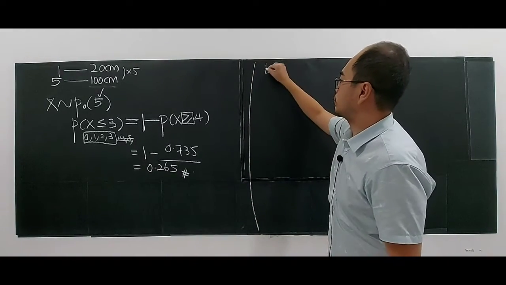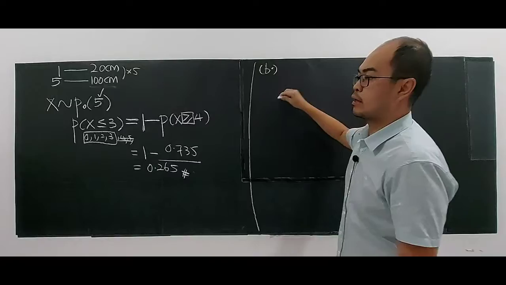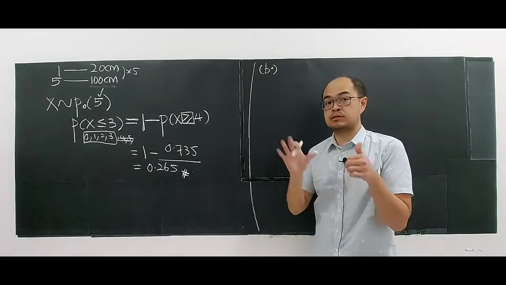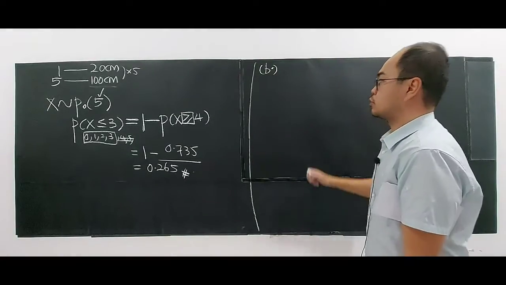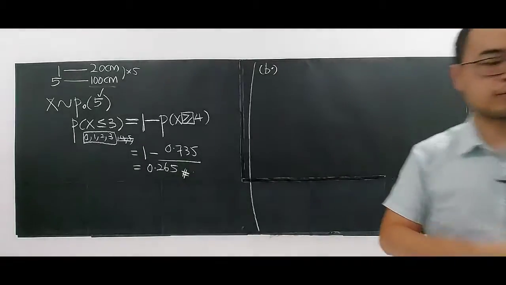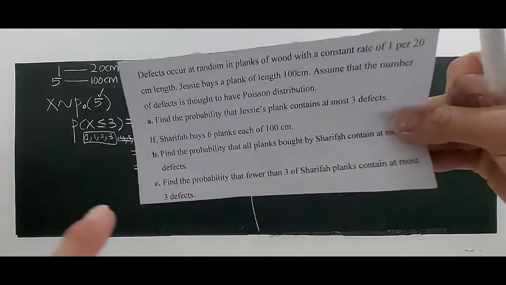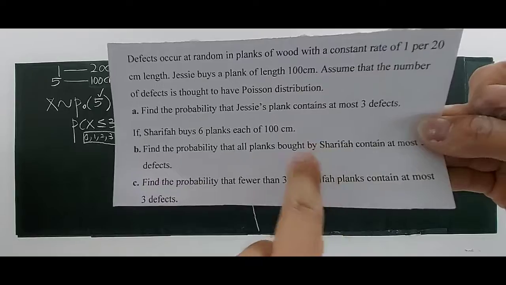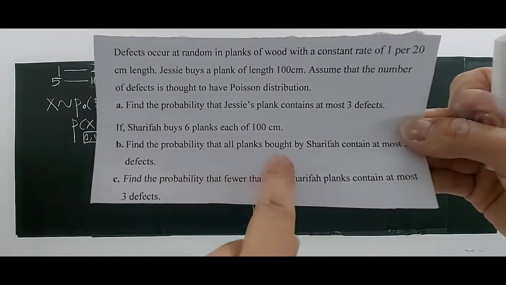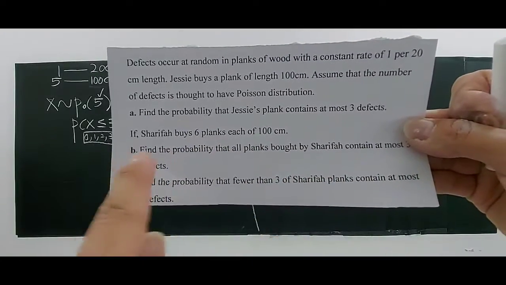So now we are entering part B. This is a binomial distribution because Sharifah bought 6 planks. The probability of success here is that a plank bought by Sharifah contains at most 3 defects.